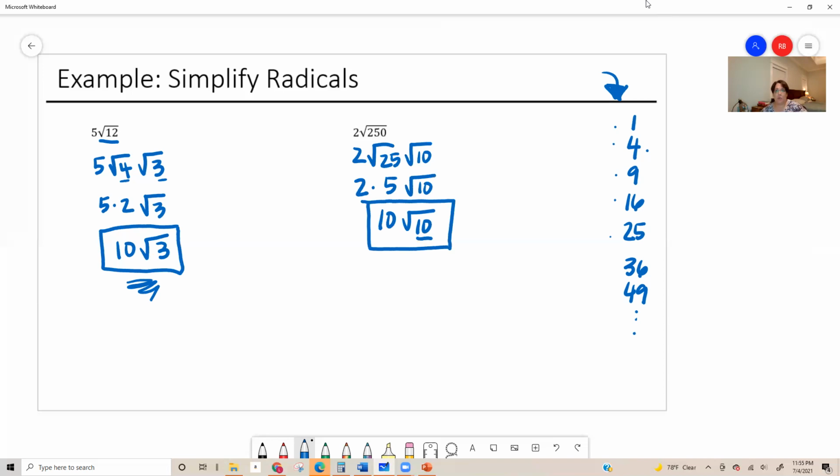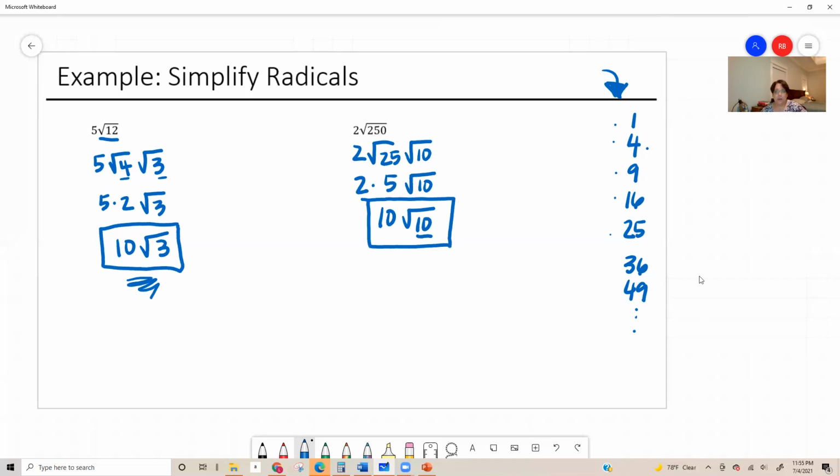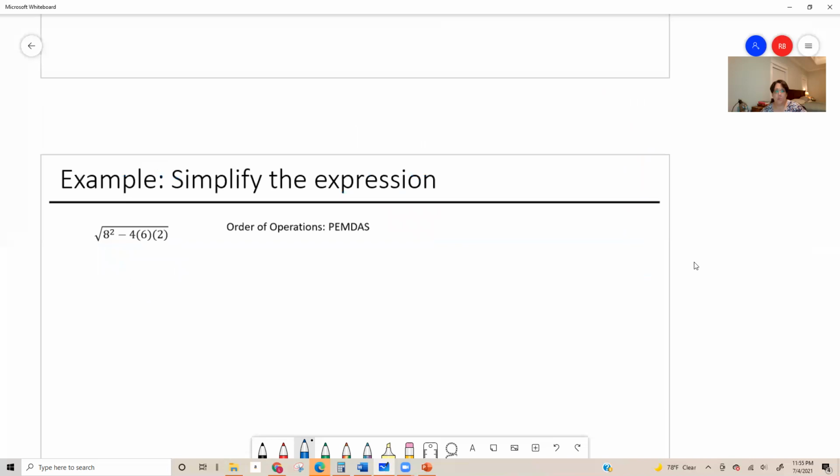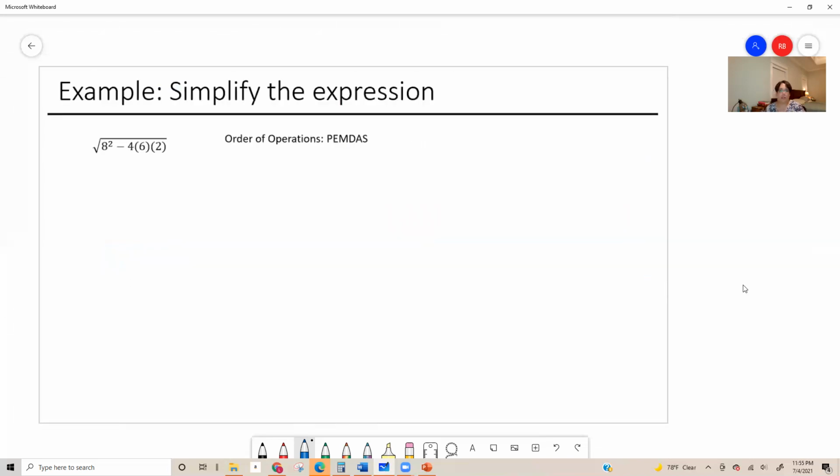Okay, now we're going to take this idea of simplifying radicals a little bit more. So what they do is they just get uglier. So now we have this expression, the square root of 8 squared minus 4 times 6 times 2. Now remember the order of operations, okay?